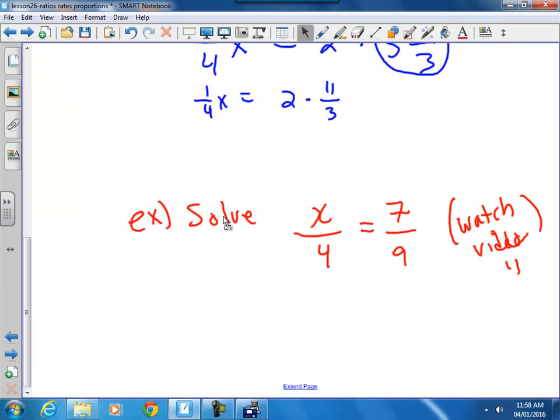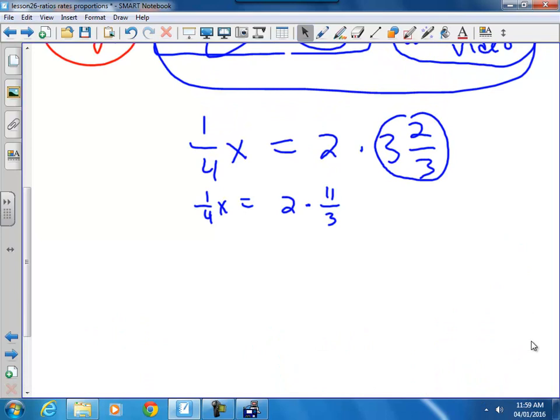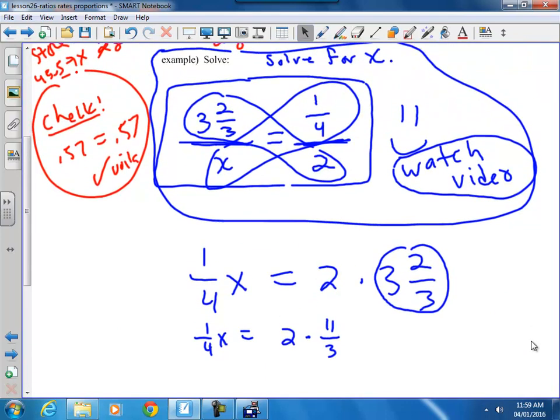I was just realizing I should probably scoot down. Let me see if it'll let me scoot. Yeah, I want to scoot down that problem. When you arrive here, you have 1/4 x equals 2 times 11/3, which is 22/3. And I say don't fear the fraction. To get x by itself, you would have to divide both sides by 1/4.